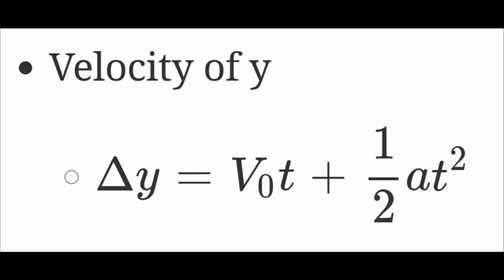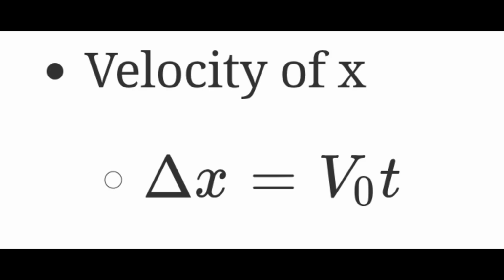You might have remembered this. If you have the final position minus the initial position, that'll get you delta y. And then we have the initial velocity, which is v0, times time, plus 1/2 times acceleration, remember, we learned what that was before, times time squared.